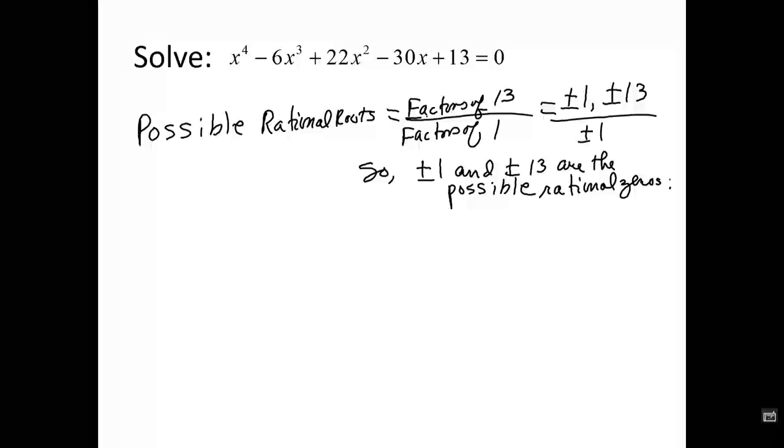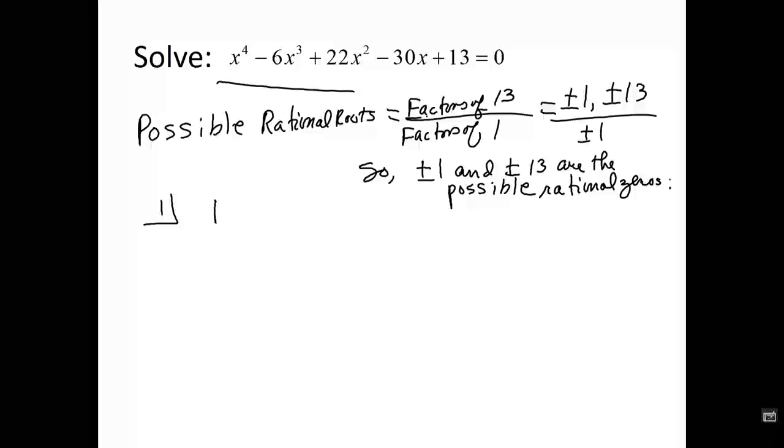All right? Okay, let's begin. We're going to start with 1. We're going to use synthetic division to make a determination regarding the zeros, or the roots, of this equation. So if I begin with 1, using synthetic division, let me record the coefficients of each term.